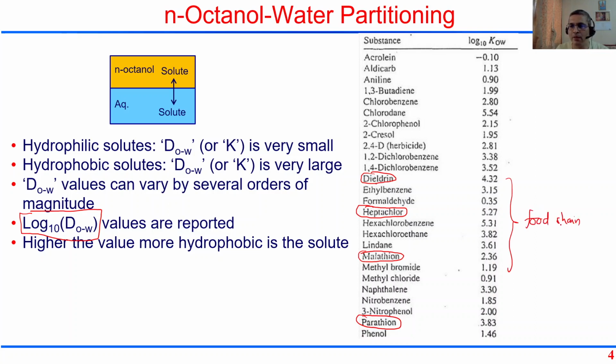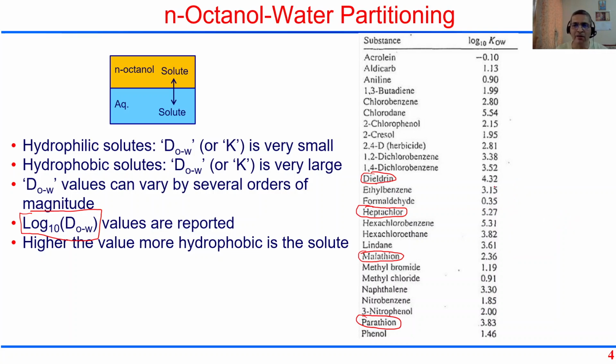And if you are eating fish or non-veg food, then these pesticides would be consumed by the animals or fish, and these pesticides would get enriched in the fat that is there in those fish or meat.